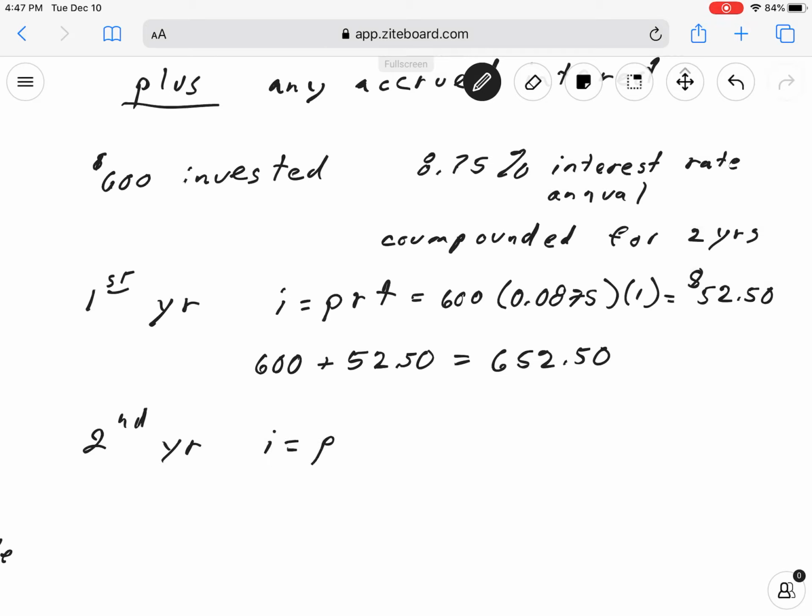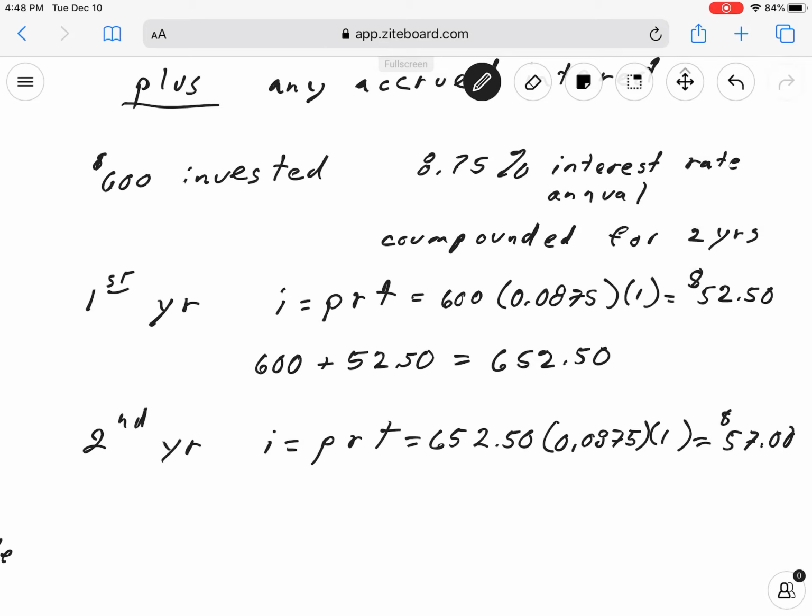We still use our same formula, but this time, instead of calculating on $600, I calculated on the new total, $652.50. I still have the same rate, and, well, it's not 2 years, it's still 1 year, it's the second year. Okay, but now this becomes $57.